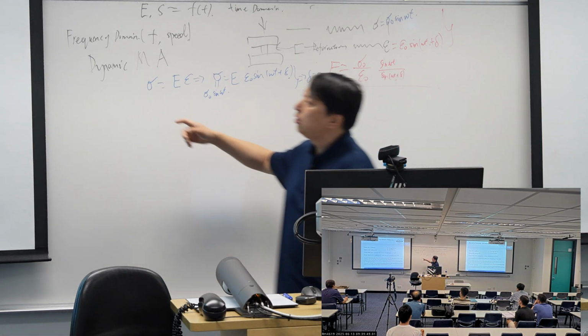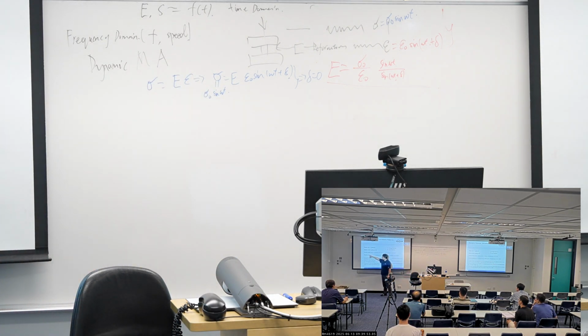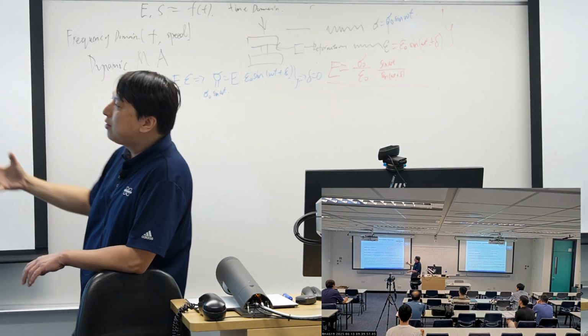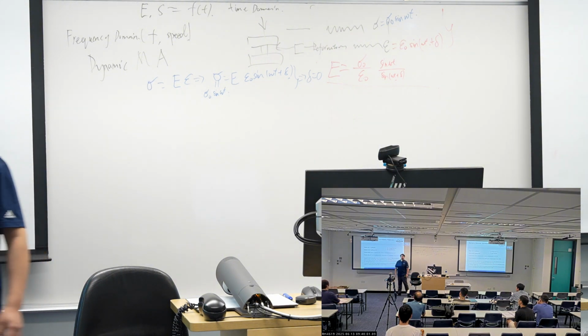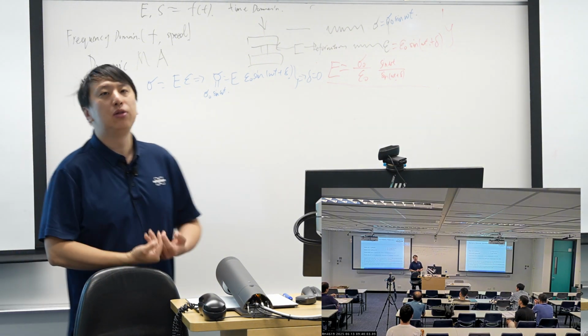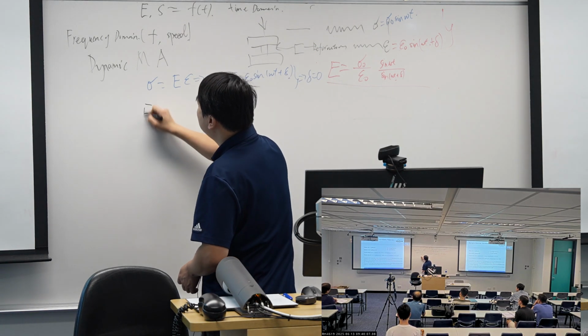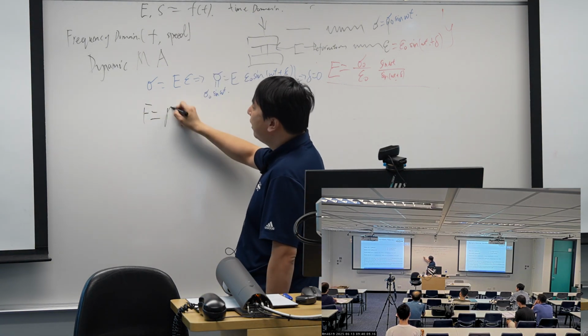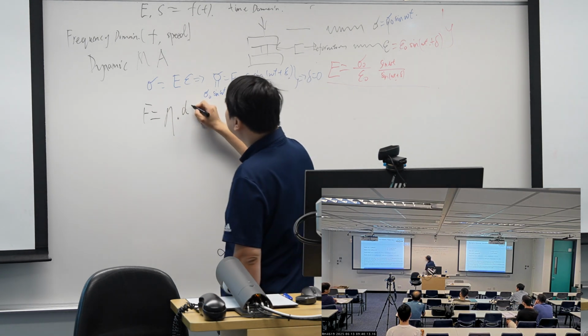And then we take a look at the fluid. If we study the pure viscous, the force and the deformation should follow Newton's fluid law, which is the force is proportional to viscosity times the speed.